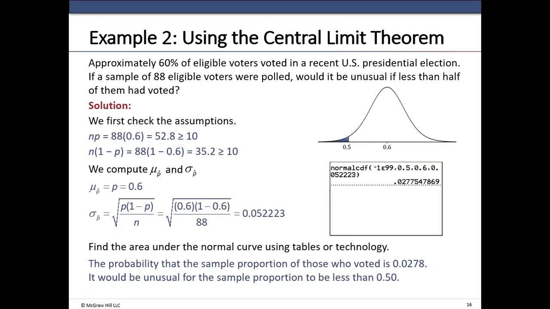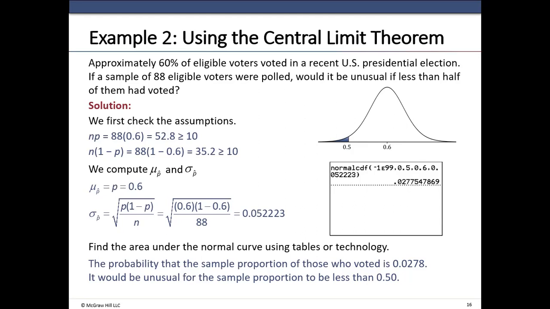Now the number of failures is 88 minus 52.8, which is 35.2. Both of them are greater than or equal to 10. Hence, we can use a normal distribution to find the probability of p hat. Would it be unusual if less than half? So your p in the center, mu p hat, is equal to p, which is 0.6, and you want less than 0.5.